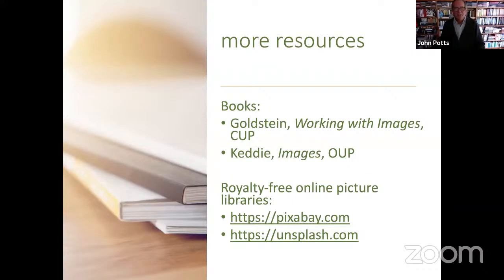And finally, I'll just leave that for a moment so you can make a note of it if you want to write down. So Goldstein, Working with Images, that's Cambridge University Press. Keddy, Images, that's Oxford University Press. They're probably available in bigger cities or from the publishers. I would imagine they're available in Chennai, for example, in Tamil Nadu, but probably not available in Madurai.